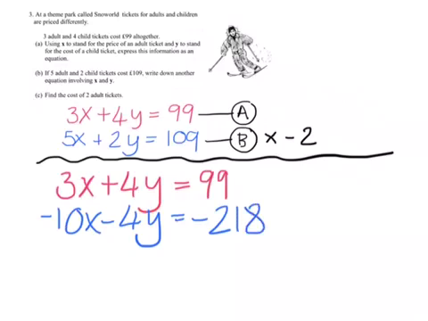Adding these together now and being very careful, so we have 3x plus -10x, which is -7x. Then plus 4y, add -4y, which cancels out as we were hoping for. And then 99 plus -218, which is -119.